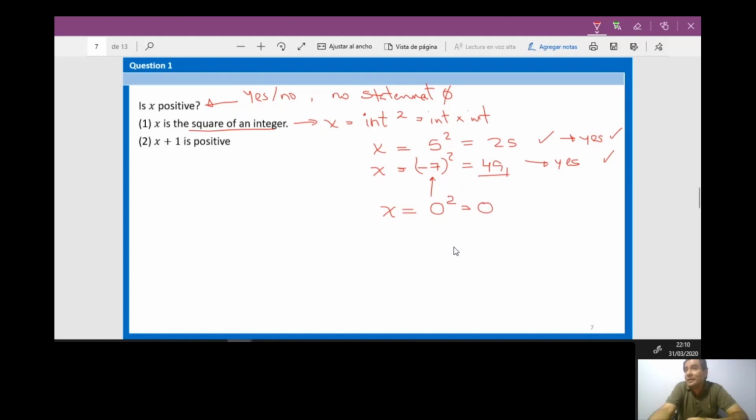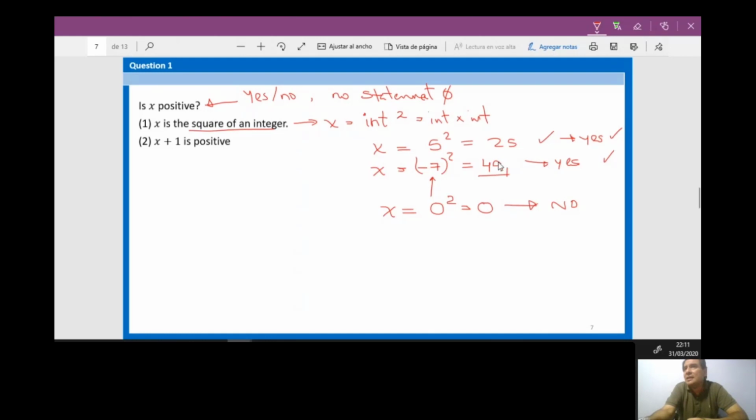Yes, Brian, you are right. 0 is neither positive nor negative. 0 is 0, and it has no sign. Yes, Fiorella, you are right. 0 doesn't have a sign. And because of that, the answer to the question, when we consider that x could be the square of integer 0, would be no, because 0 is not positive. Now, notice, we have a zillion cases where we might answer yes to the question.